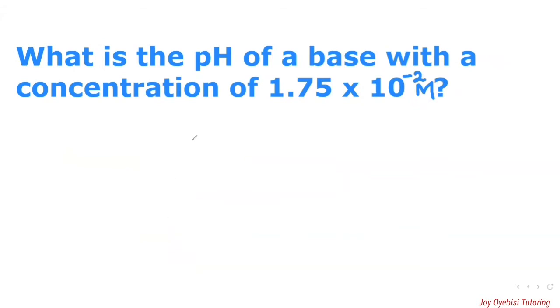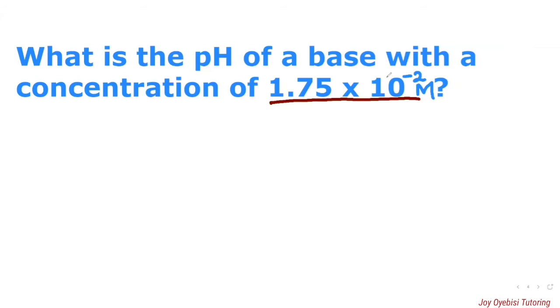Now, in this one, we're asked to find the pH of a base concentration of 1.75 times 10 raised to power negative 2 molar. Now, note something. This is asking for the pH of a base, which means that we cannot go ahead to calculate the pH using this. This is the concentration of the basic solution and not that of acid.